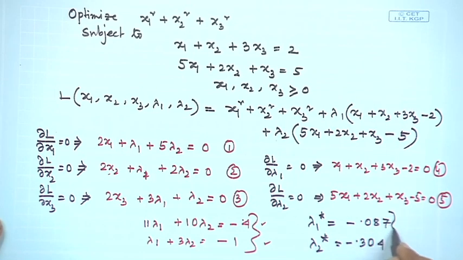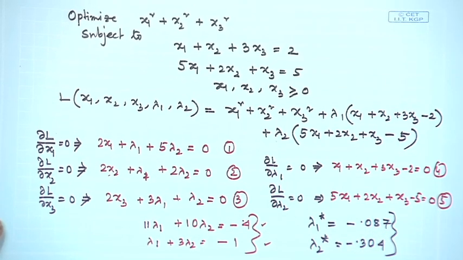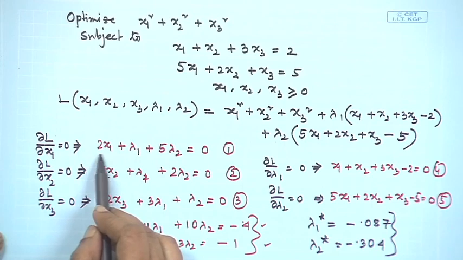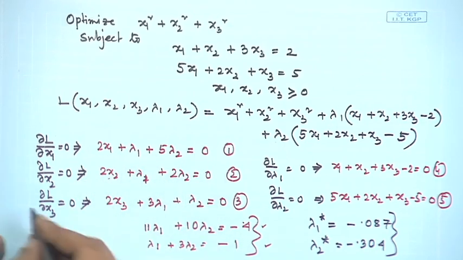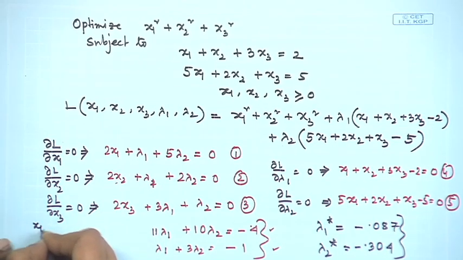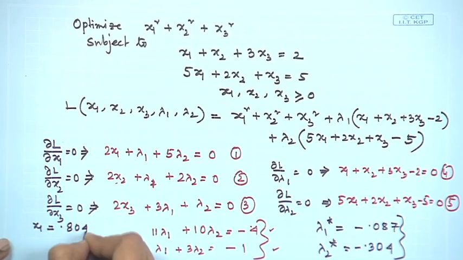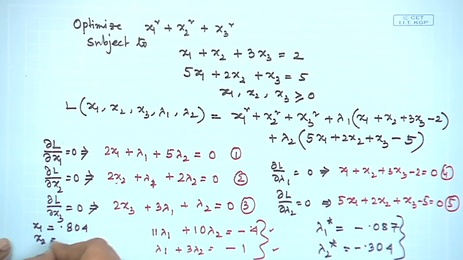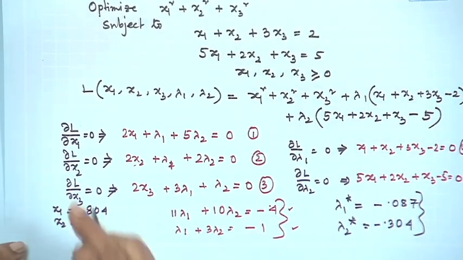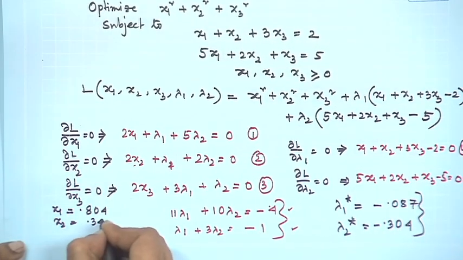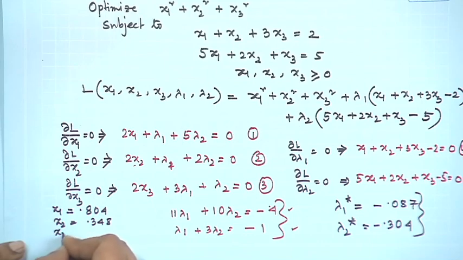Once we know the values of lambda 1 star and lambda 2 star, if we substitute in equation 1, we get the value for x1, which is equal to 0.804, x2 is equal to 0.348, and x3 is equal to 0.283.